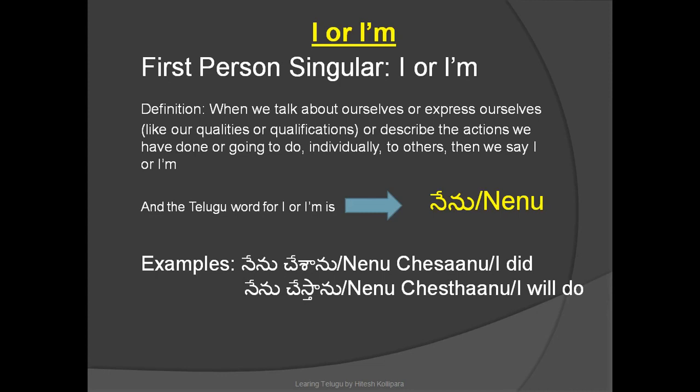I hope you understood. So let's move further. Now that we have learned about the first person singular pronoun, and as per the chronological order, now we should learn the first person plural pronoun, right?